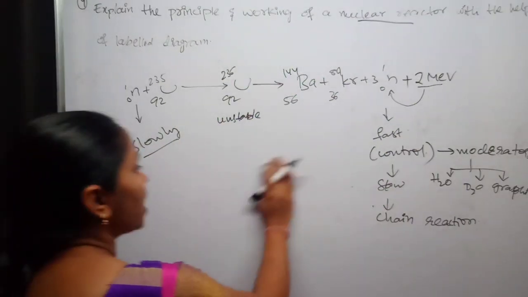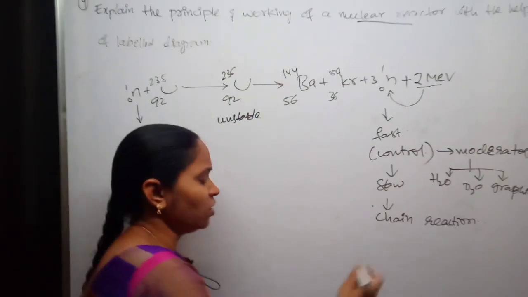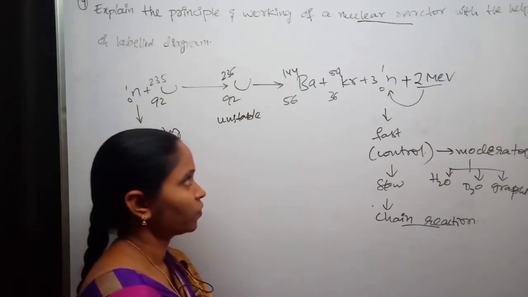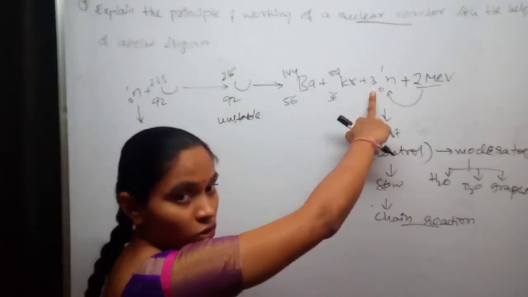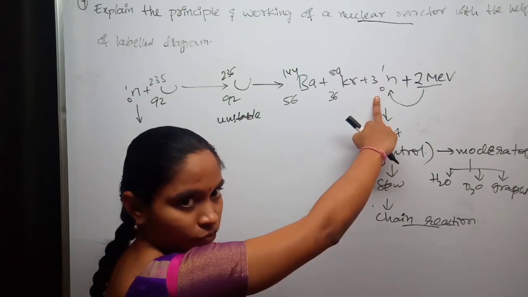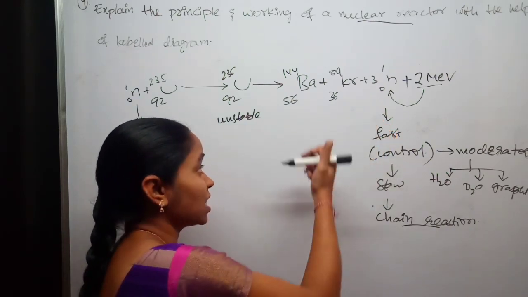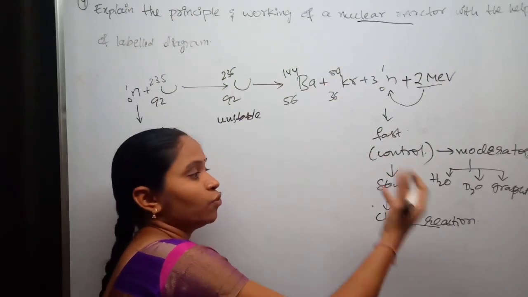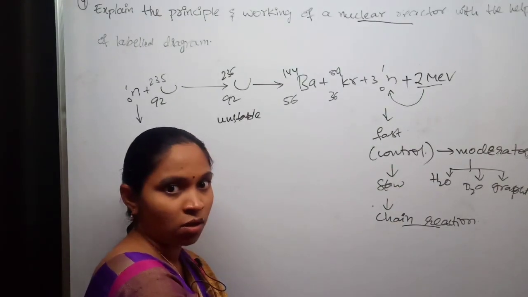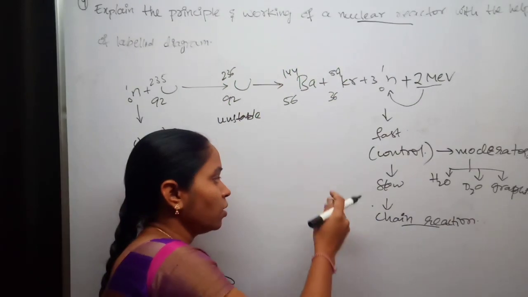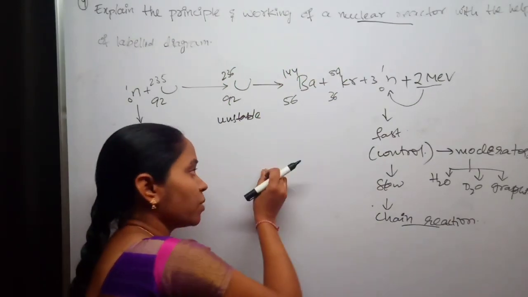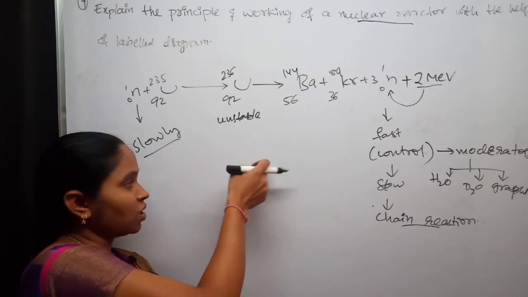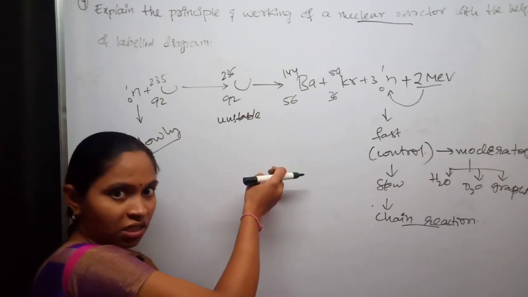But what happens here, it is a chain reaction. That means the generated neutrons after nuclear fission will participate in the nuclear fission again and generate a few more neutrons. The generated neutrons again participate in the nuclear fission, and a few more neutrons are generated.